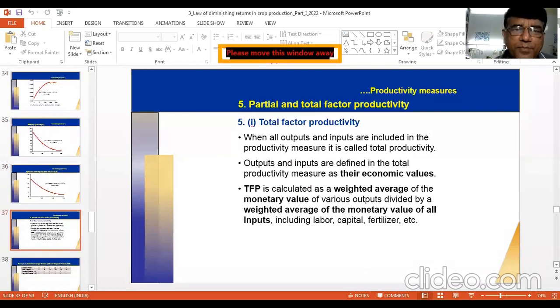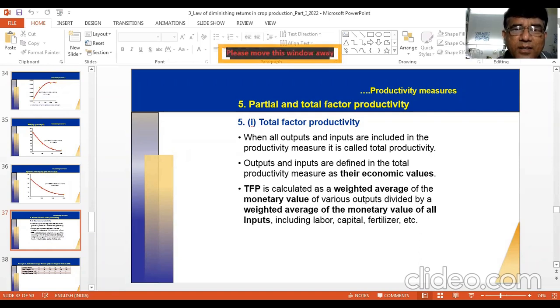Now, total factor productivity. When all outputs and inputs are included in the productivity measure, it is called total productivity. Outputs and inputs are defined in total productivity measures as their economic values. Suppose you want to work out total factor productivity of all the inputs.